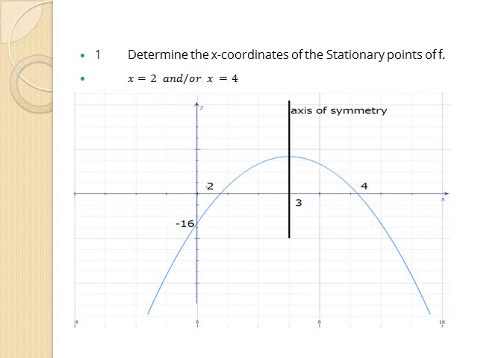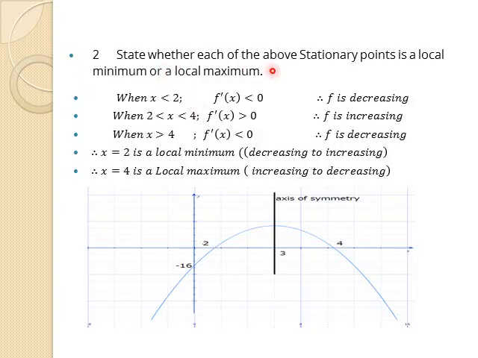We go to the next problem. State whether each of the above is a local minimum or local maximum. So when x is less than 2, meaning if I go to the left with my x values, the y value is decreasing. So when x is less than 2, my first derivative is less than 0, meaning it's negative, f is decreasing.